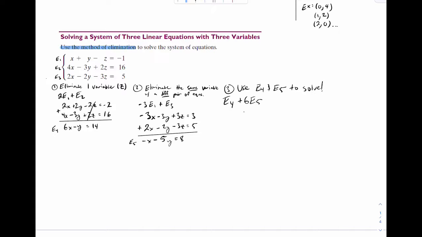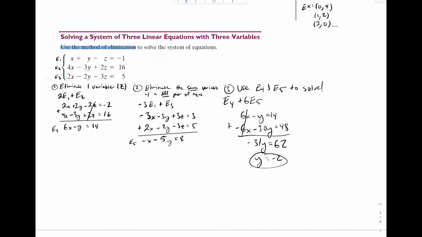So E4 rewrite. And then 6E5, that would be -6x minus 30y. That would equal 48. Let's add that. So now I have -31y. That's equal to 62. Y is equal to -2.